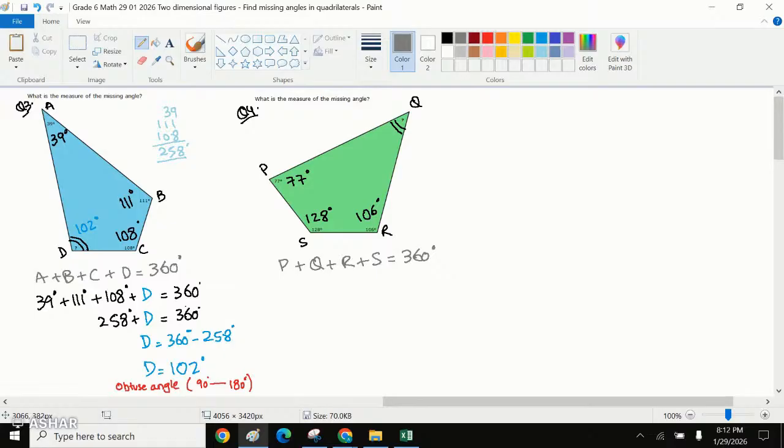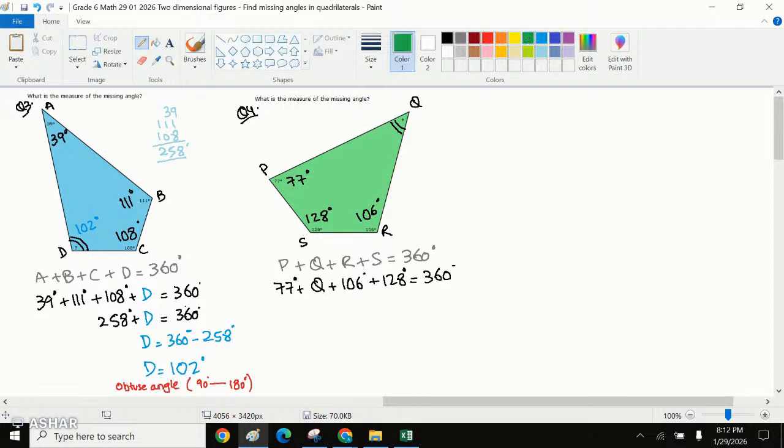We know the value of angle P, that was 77. Q we had to find out. R was 106. And the angle S was 128 is equal to 360.